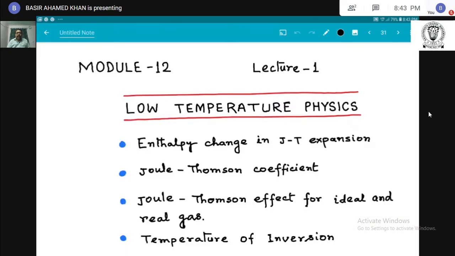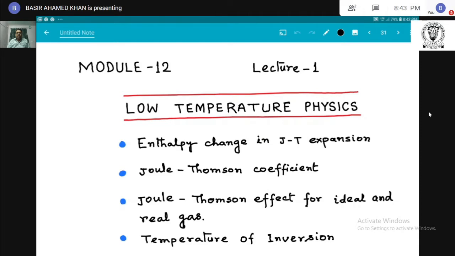Next, enthalpy change in Joule-Thomson expansion, then Joule-Thomson coefficient, then Joule-Thomson effect for ideal and real gas, and lastly the temperature of inversion.